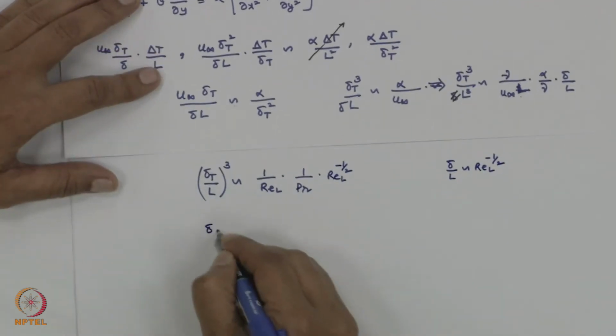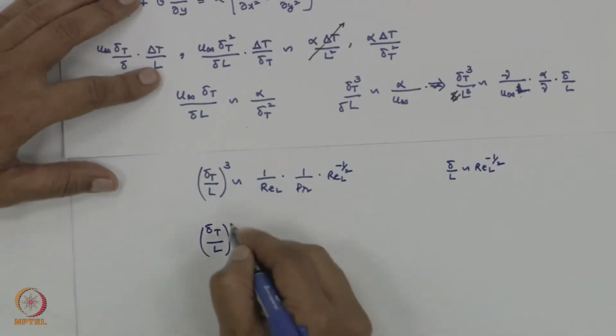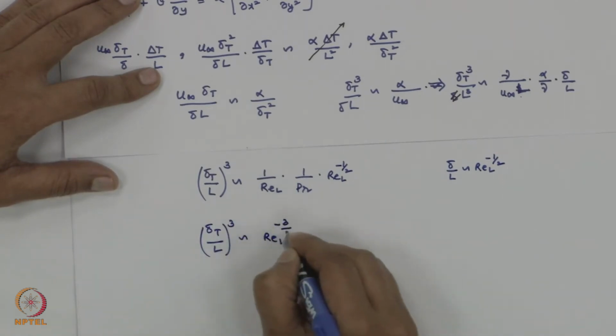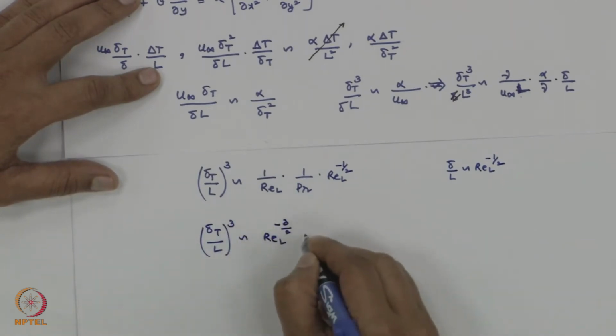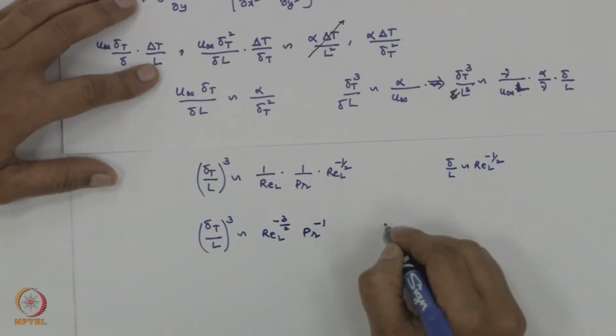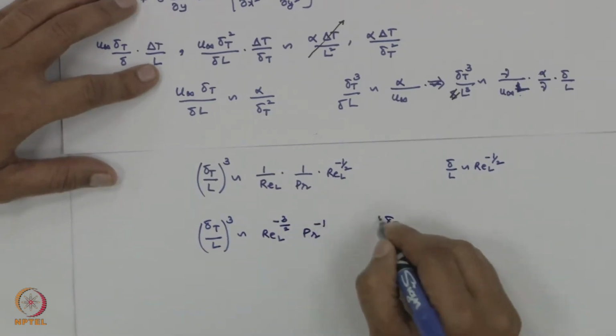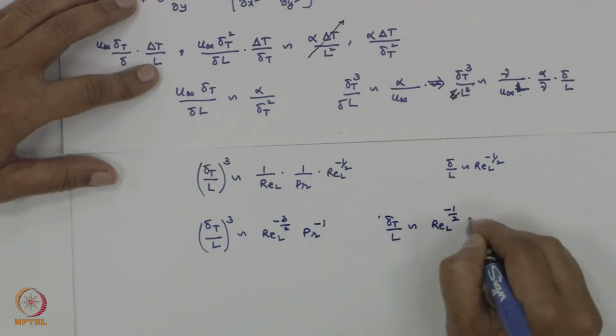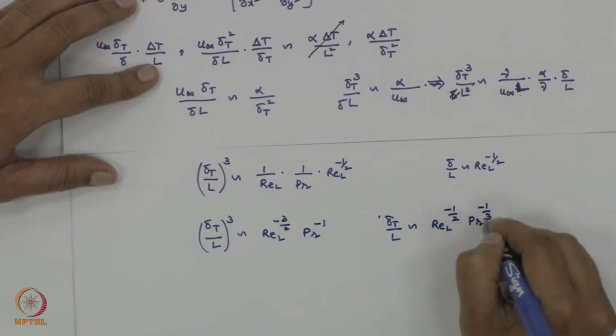So I get del T by L whole cube is of the order of REL to the power of minus 3 by 2 and PR to the power of minus 1. So del T by L is of the order of REL to the power of minus half PR to the power of minus 1 by 3.